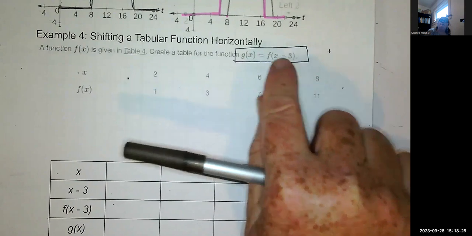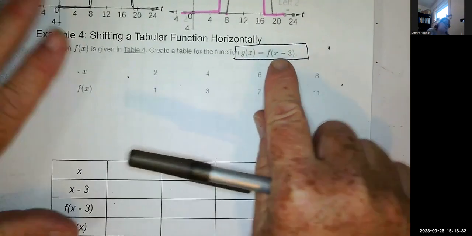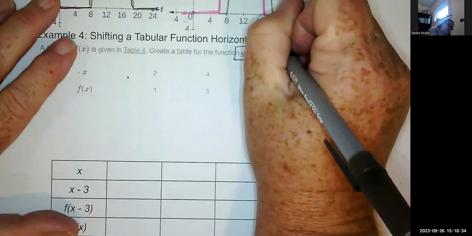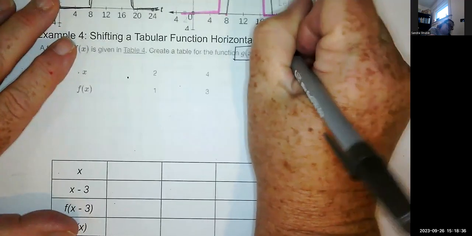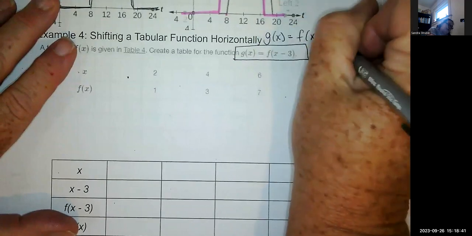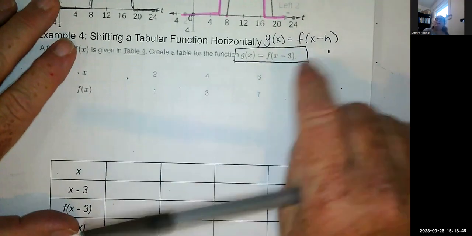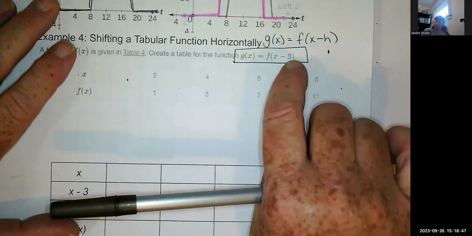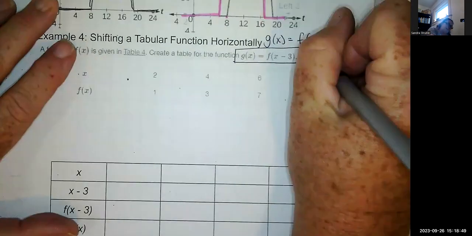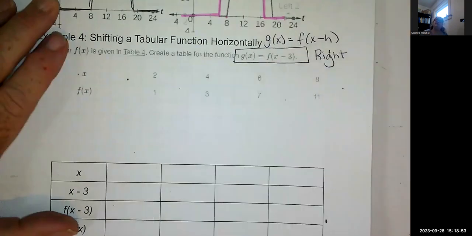It's within the original function next to x. And if you'll remember, the new function is equal to f of x minus h. So because this is negative, that means this 3 is actually h is equal to 3. So this is a positive 3. That means this would be shifting to the right because it is a positive 3.